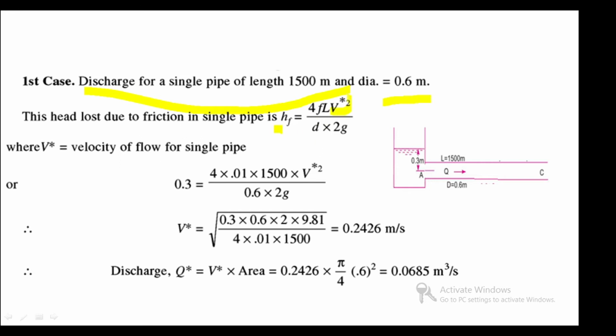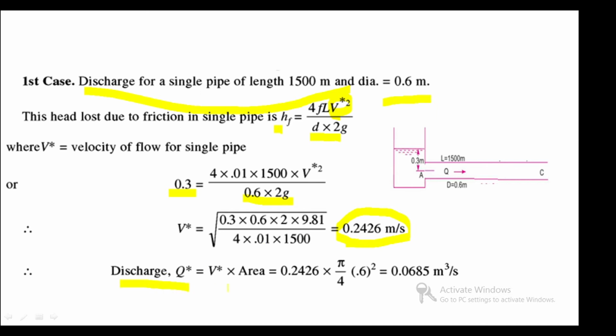You substitute all the values, 0.3 and 4FL divided by D into 2G, and find the value of V star. V star value is 0.2426 meter per second.